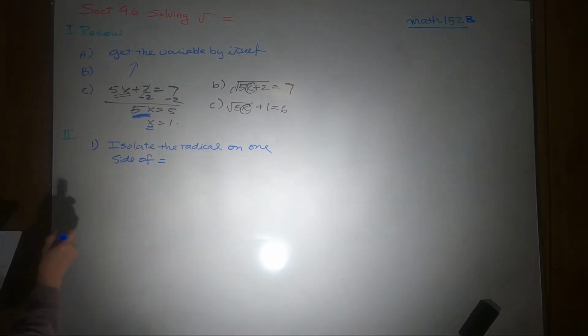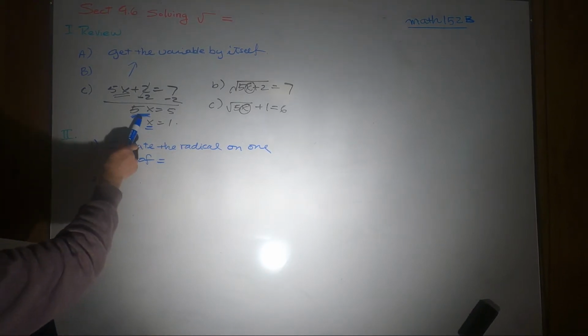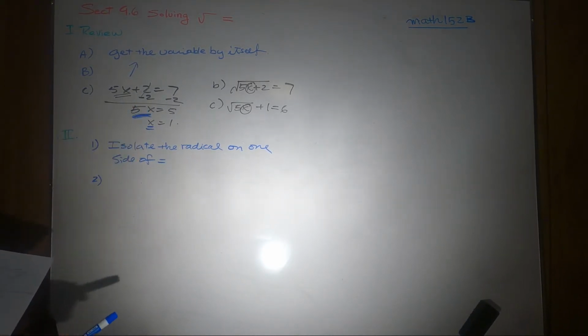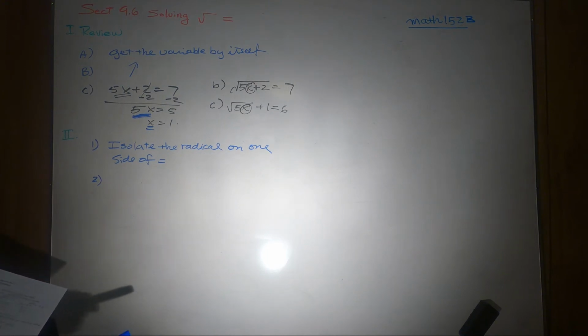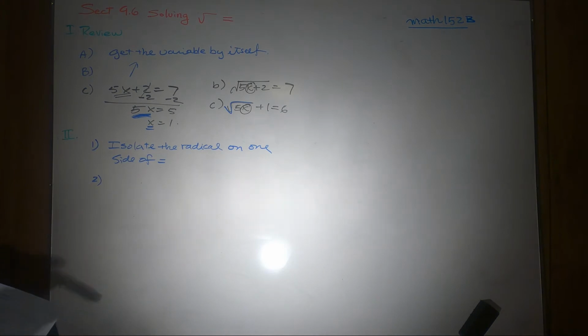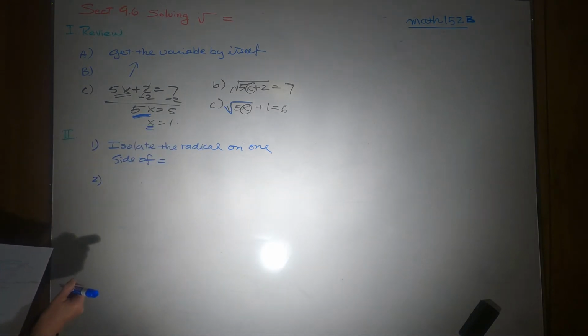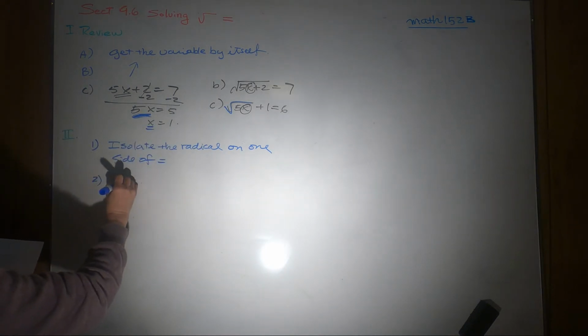Like that, right? For here, you just isolate the x. But for radicals, since it's inside the radical symbol, we have to get rid of that radical symbol. So what do we do?